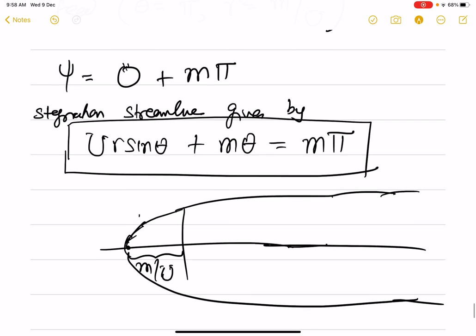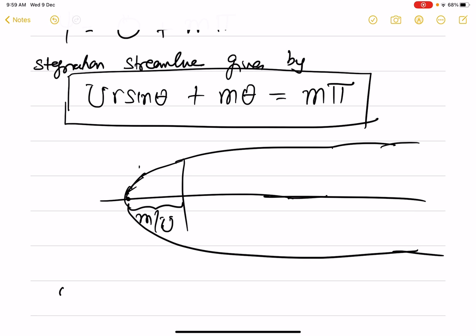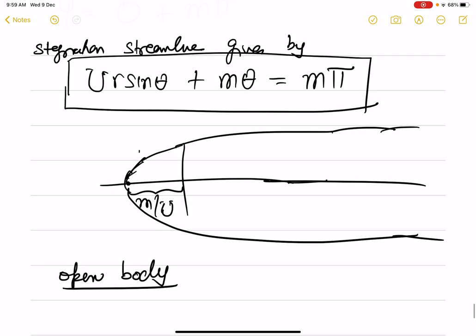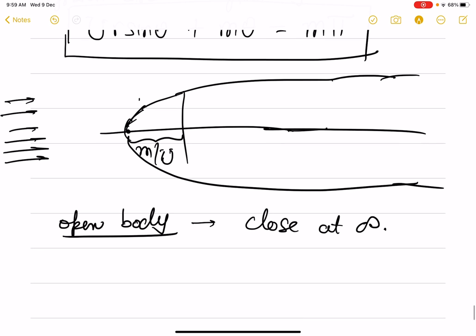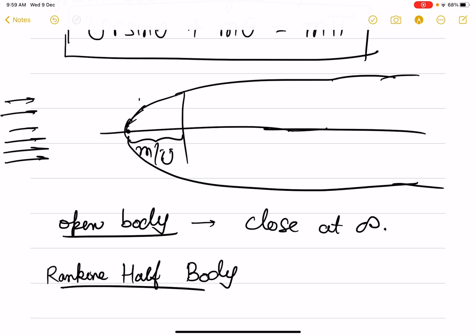This is what we call an open body. This streamline does not close at infinity. And this is what we call a Rankine half body. That's the name given to this.